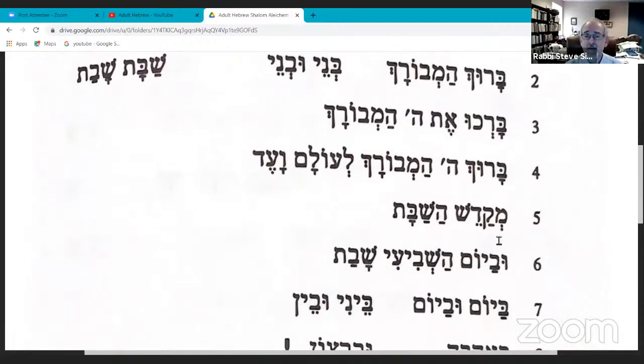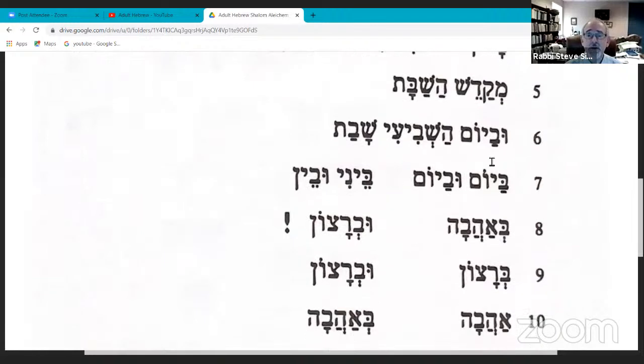Line number 5. Mikadesh Hashabat. Line 6. Uvayom Hashvi'i Shavat. Repeat, line 6.